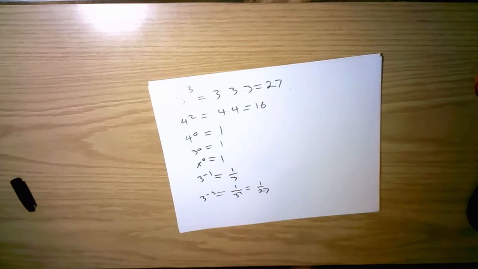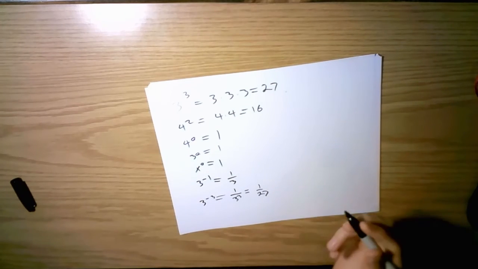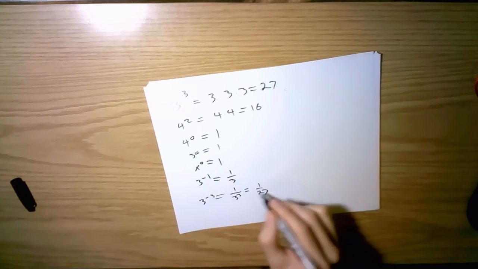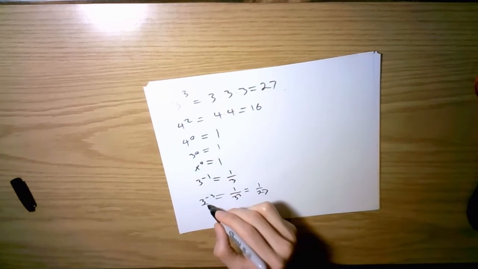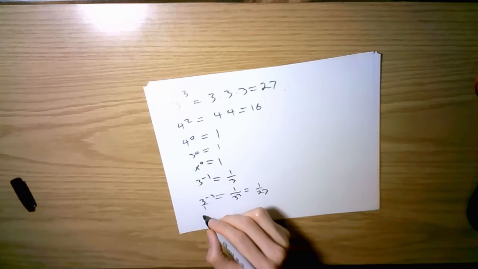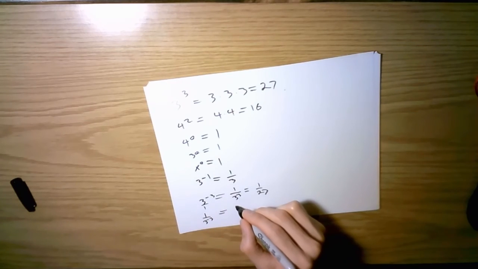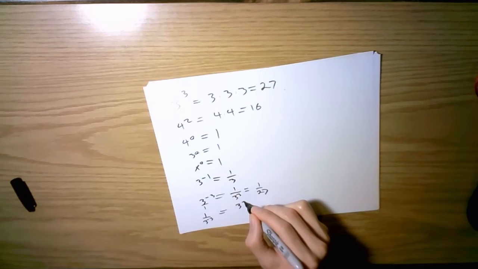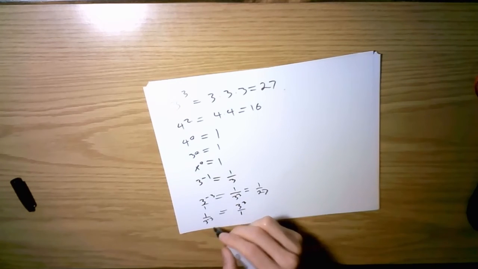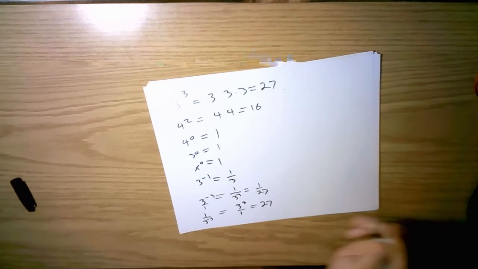So basically when it's negative, it means you just flip it over, because you can rewrite 3 as 3 over 1, so flip it over, 1 over 3. You can also have 1 over 3 to the negative 3. In this case, the answer would be 3 cubed over 1, because you just flip it when it's negative, and so the answer is 27.